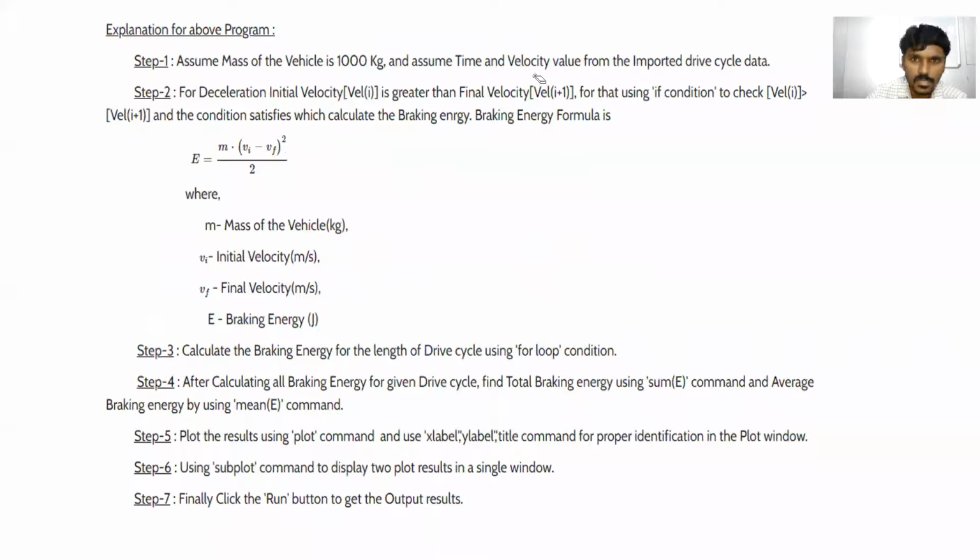Clear? And assume the time and velocity from the imported drive cycle data. So we have to put some values for the time and assume some speed in meters per second, and put these values in the Excel sheet, and this Excel sheet is imported to MATLAB. Clear? This is the first step.